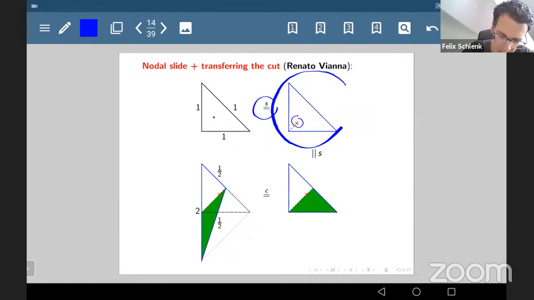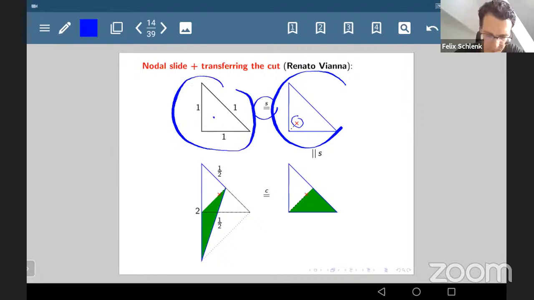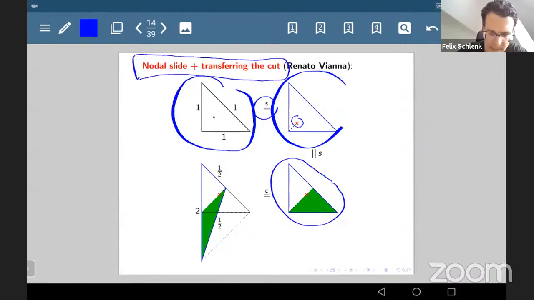And these come up only tomorrow, but these triangles have integral sizes. When I think of this move, this is called mutation, a nodal slide plus transferring the cut. Thinking like this is not good for the sequel. I must do this coordinate change.